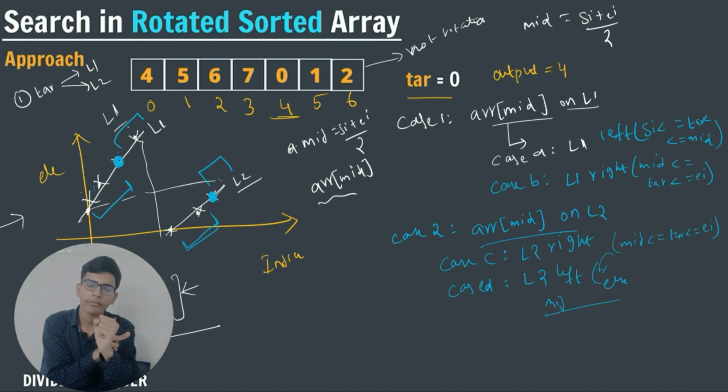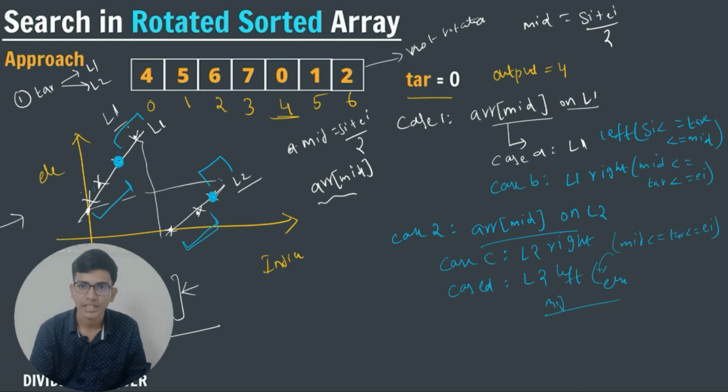If it is not, then it will lie on the left side. So this is a basic concept, and this is similar to binary search, right? In binary search, first of all we calculate mid, after it we check our key. If it is lying on the right side, then we change the value of start, and if it is lying on the left side, then we change the value of end. Similarly this goes on here, and we're using the concepts of binary search to approach this particular question.